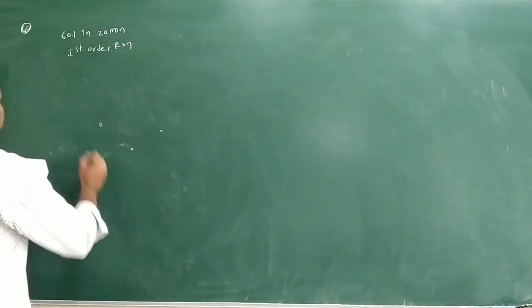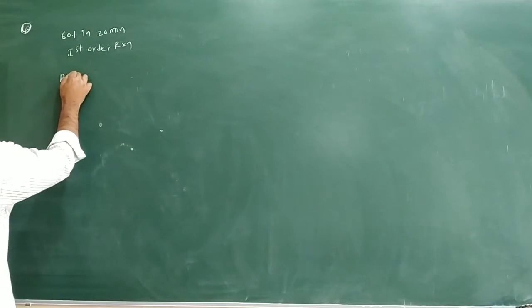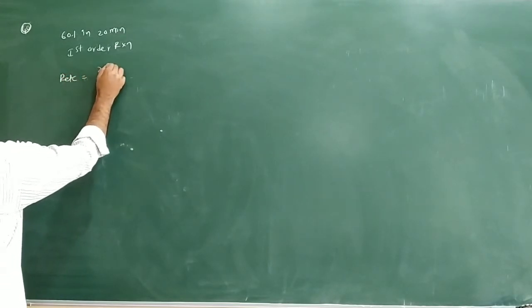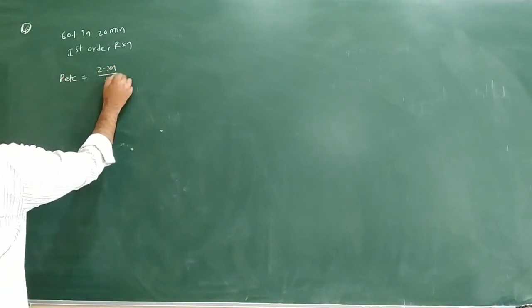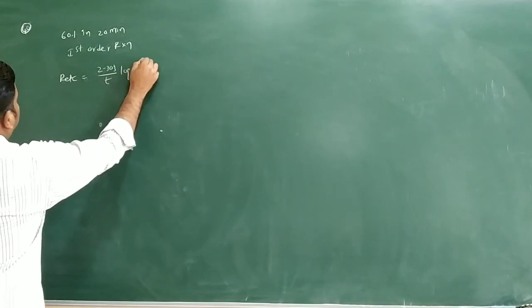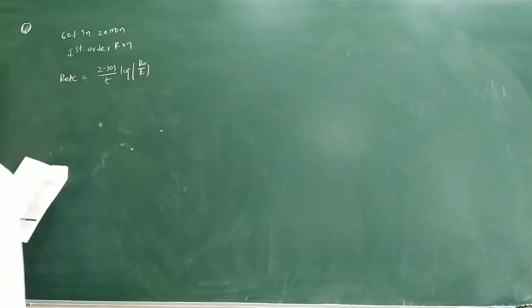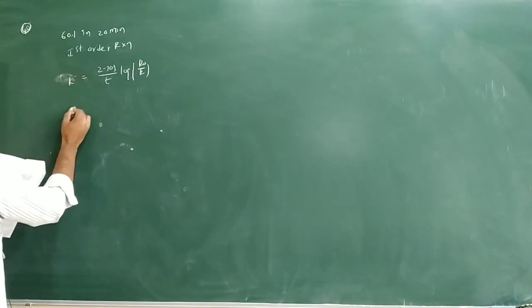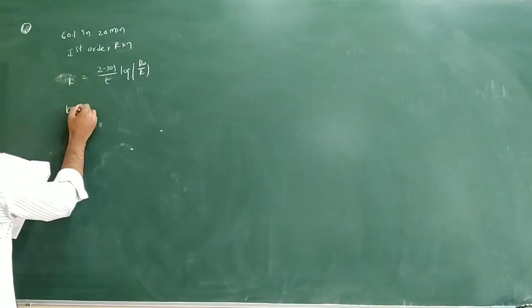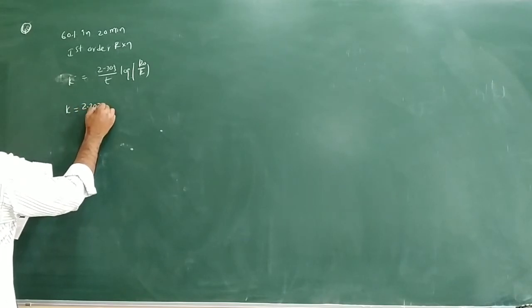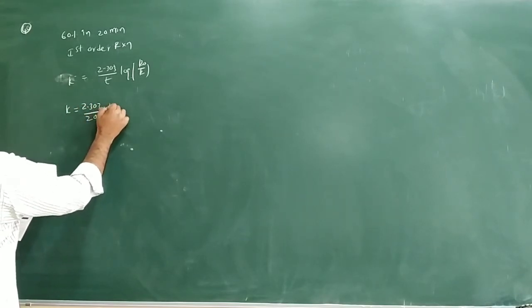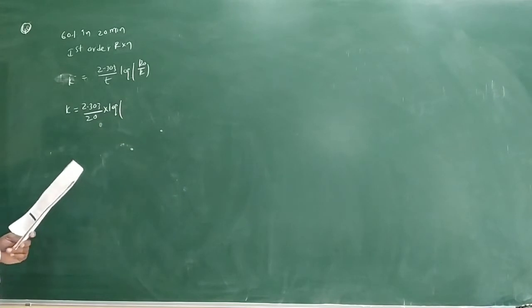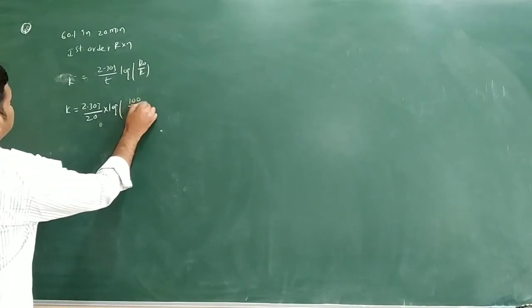The rate is equal to 2.303 by T into log R naught by R. This is the formula I am writing. Now, sorry, this is K. K is equal to 2.303 by 20, which is given, and log of initial concentration 100 by 100 minus 60.